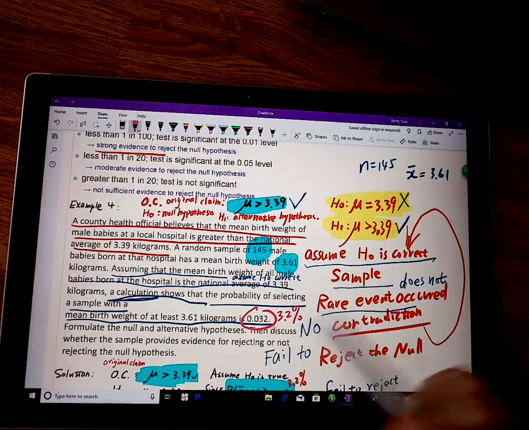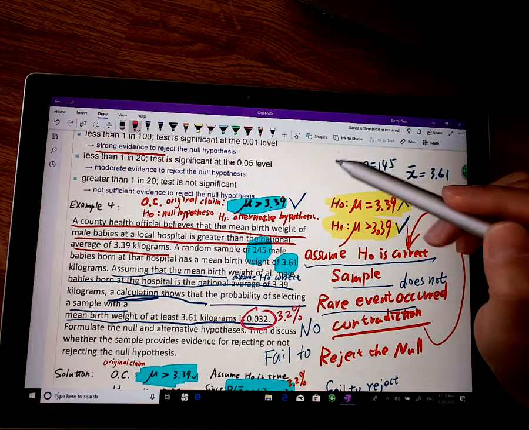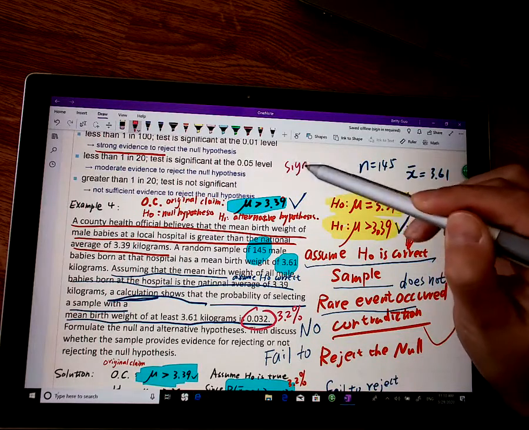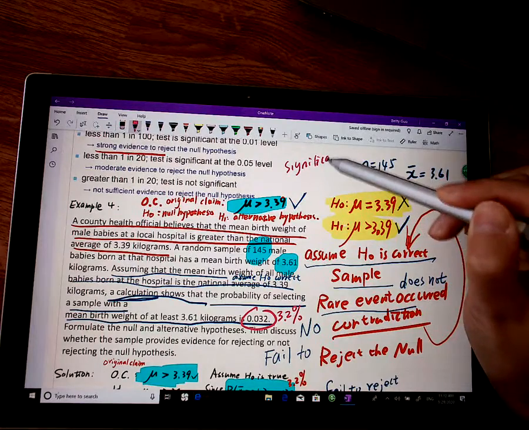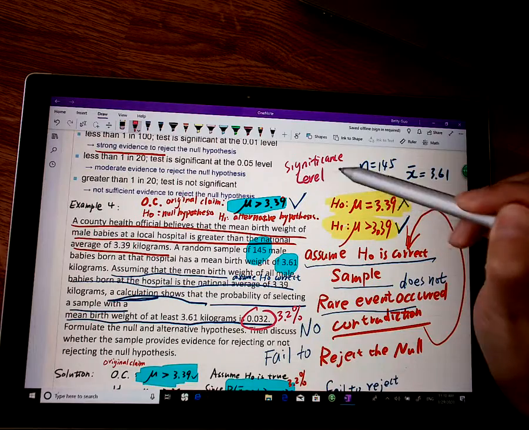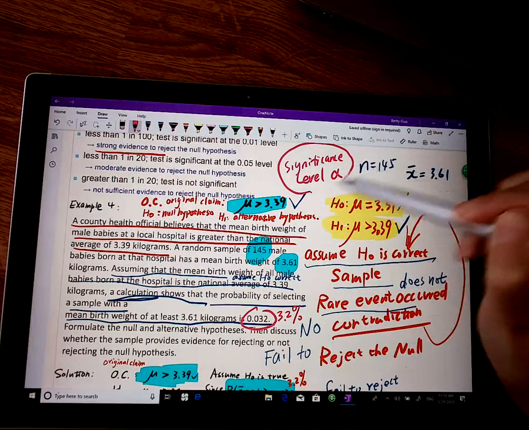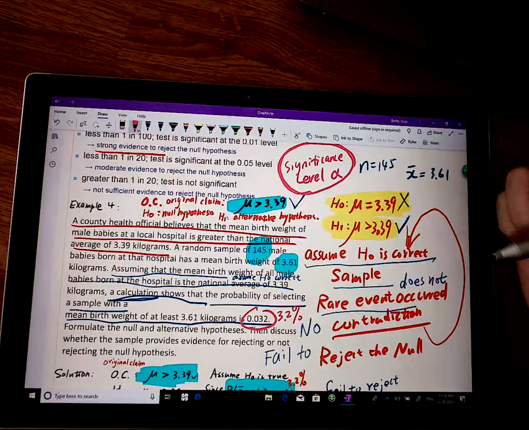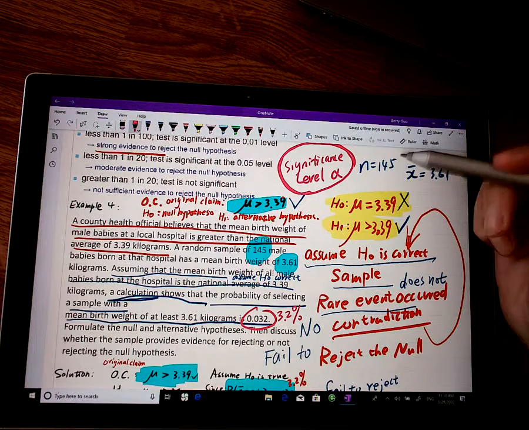Here we need to have a significance level. We use alpha to represent the significance level. Significance level alpha is another important component in the system. It's always given up front.